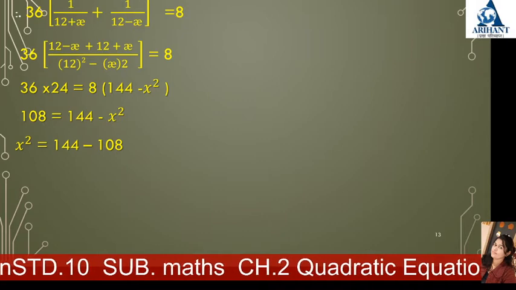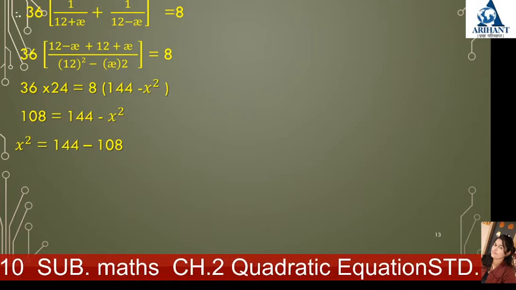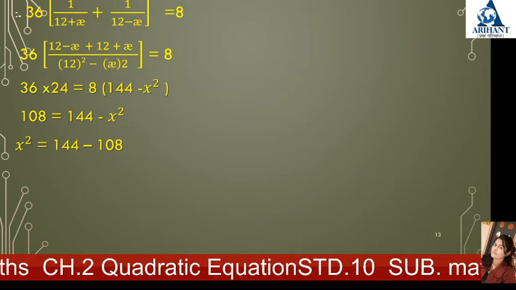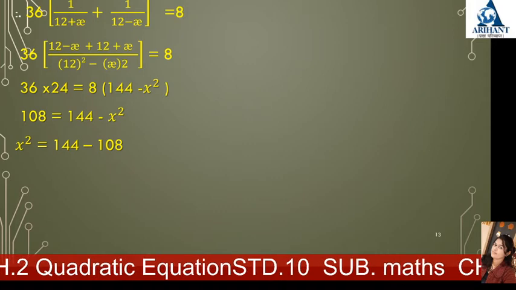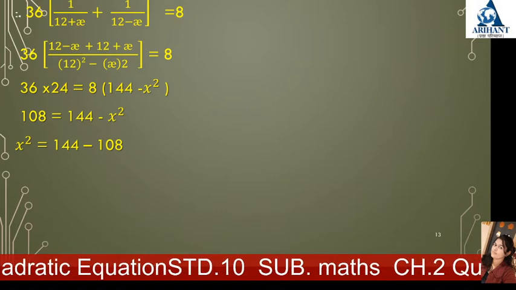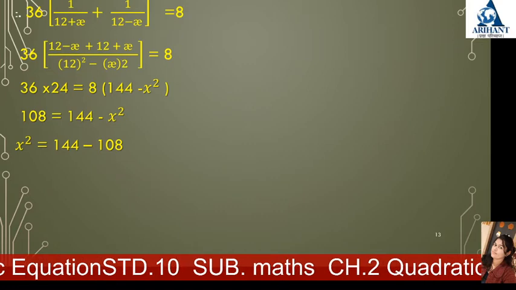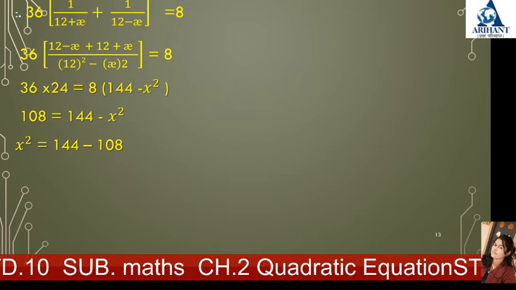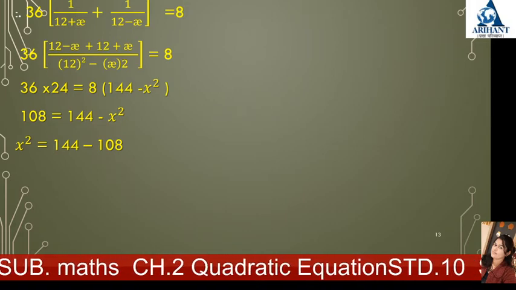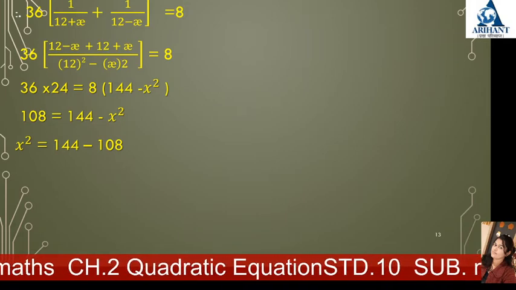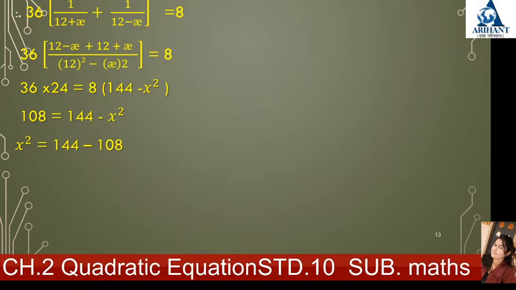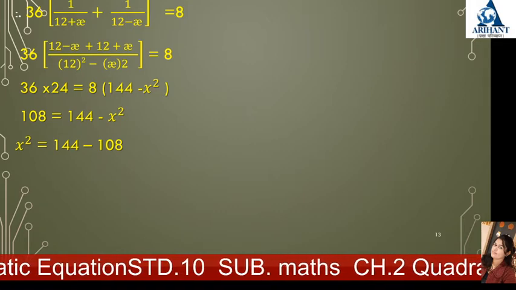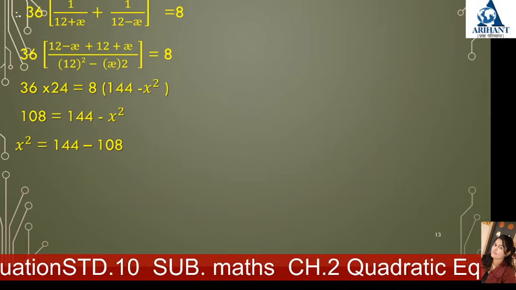Do you understand what is happening over here? 36 into 24, how come? 24 comes from 12 plus 12, that is 24, and x plus x minus cancel each other, so remaining is 12 plus 12, which is 24. And then down, that is the denominator side, it is 12 square, that is square of 12 is 144, and minus x square, right?